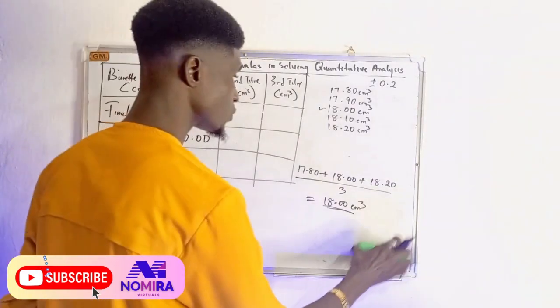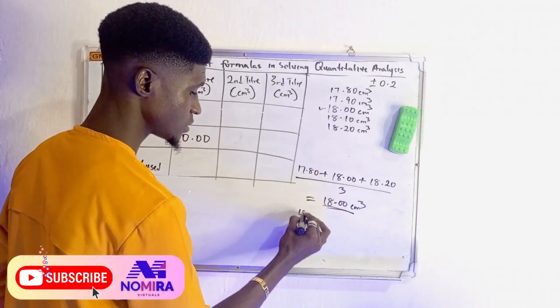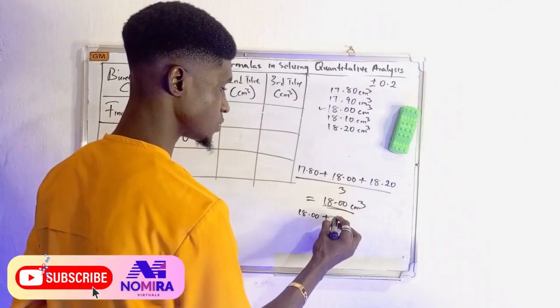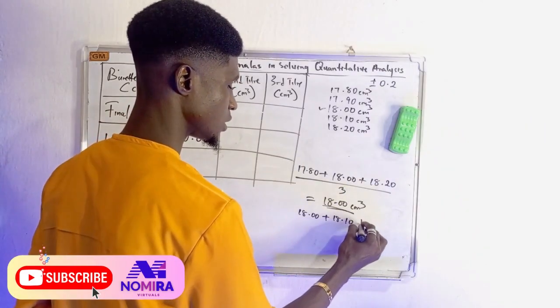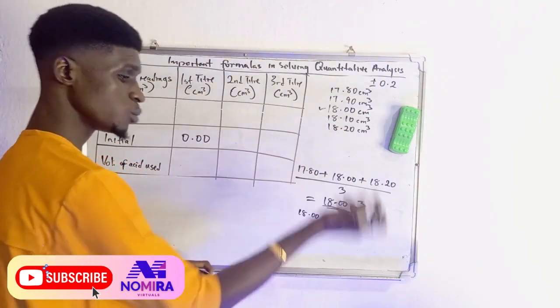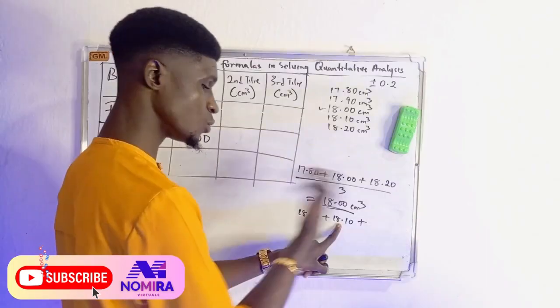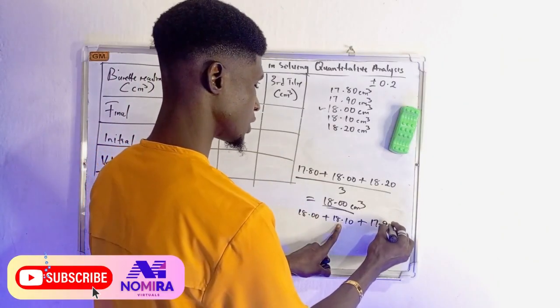Then if you decide to make it this way, that you don't want to put this, you can have 18.00 plus, let's say you added 1, it will be 18.10. Then the next one, you remove this 0.1 that you added on this 18, you remove it from this 18. That will give you 17.90.